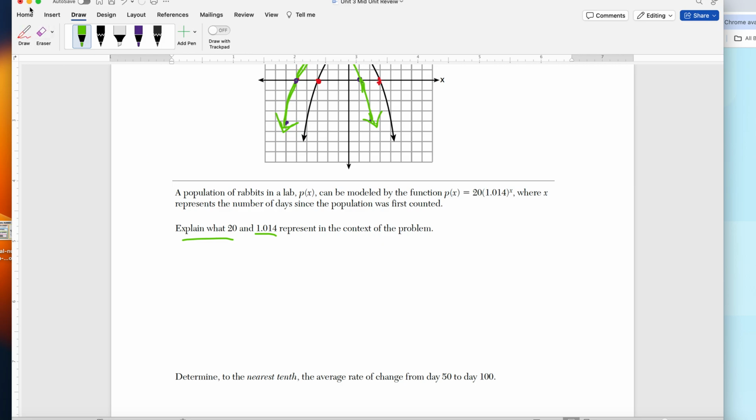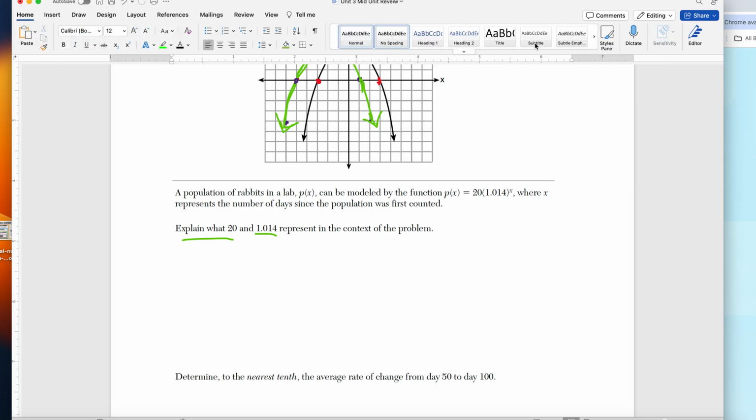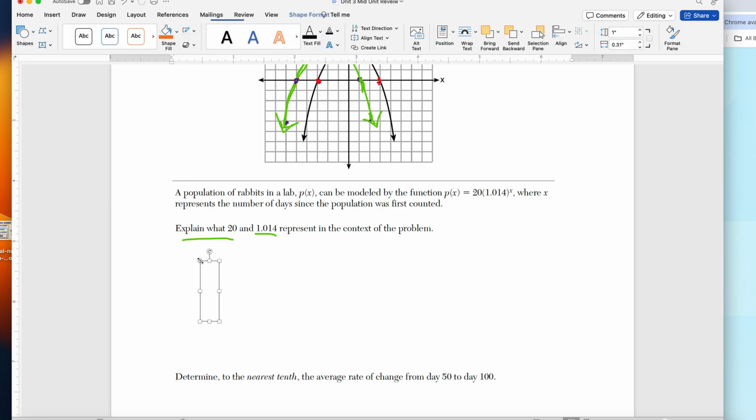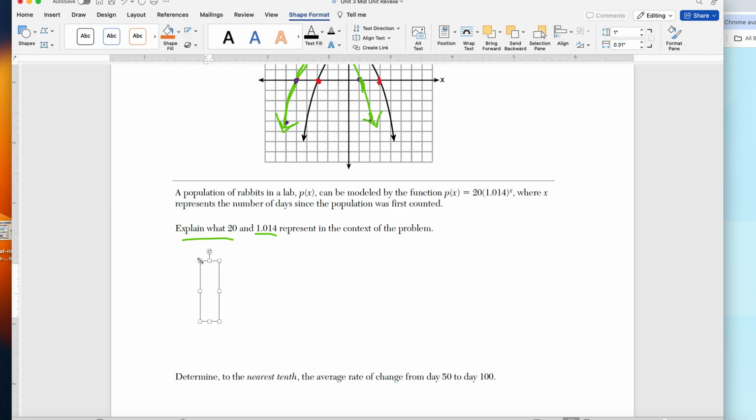And I'm actually going to do this without pencil. So your 20 is your initial amount or your principal, right? Your 20 is the amount that you started with. I'm going to change it to that, but initial is good.